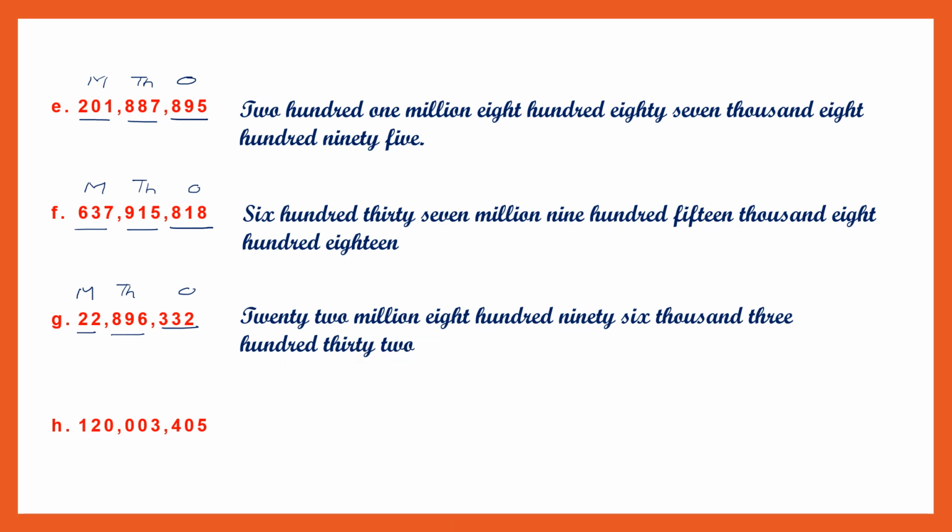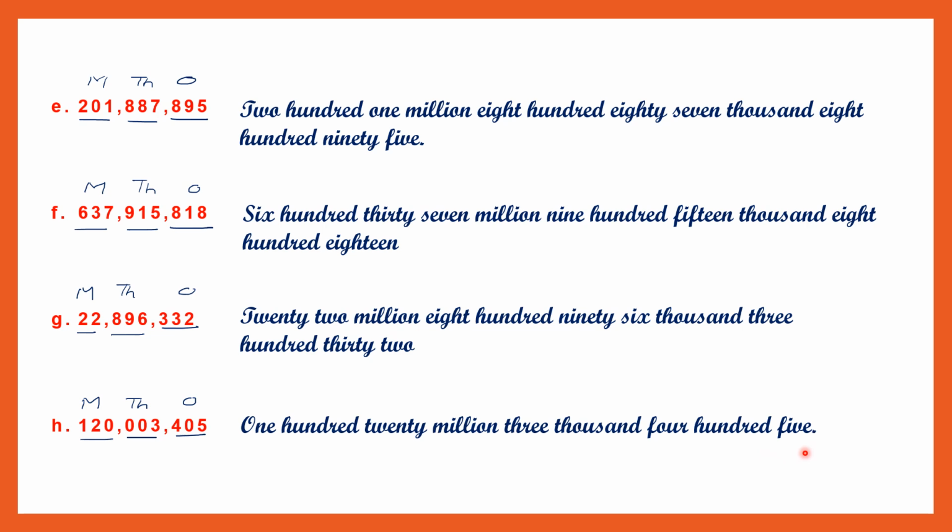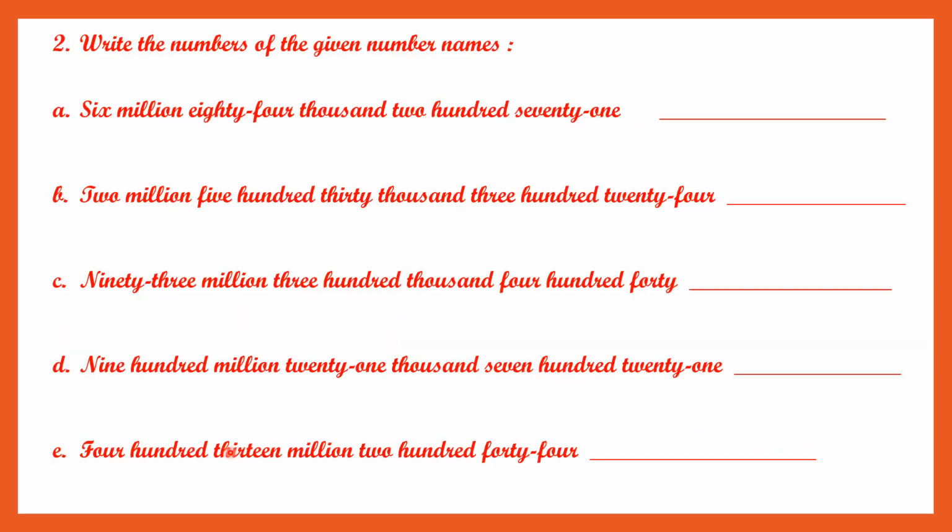Question H. 405 in the ones period, 3 alone in the thousands period, and 120 in the millions period. So let's read this. 120,003,405. 120,003,405.